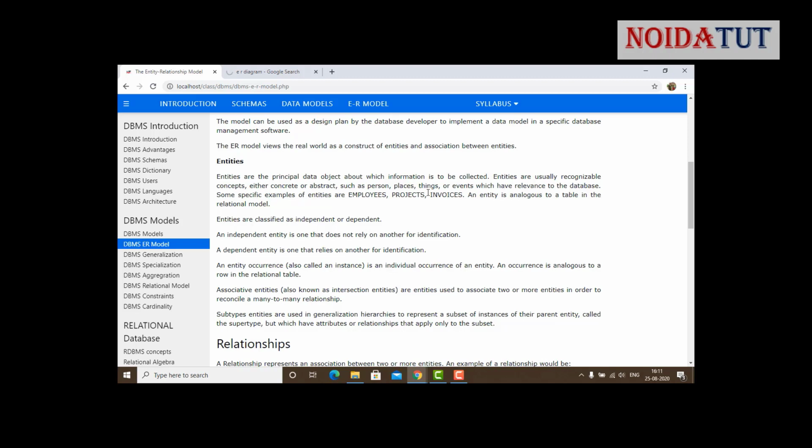Some specific examples of entities are employees, projects, invoices. An entity is analogous to a table in the relational model. Entities are classified as independent or dependent.